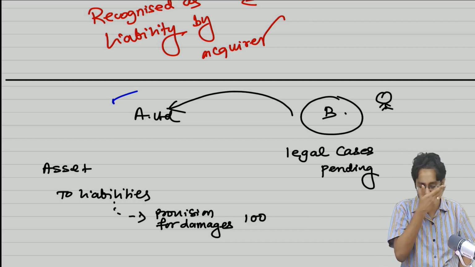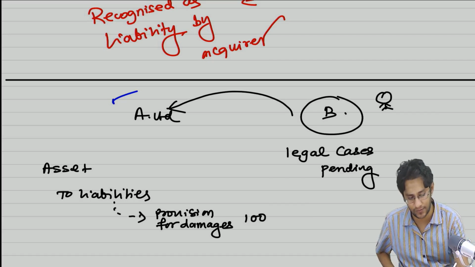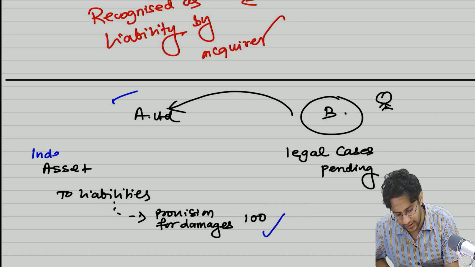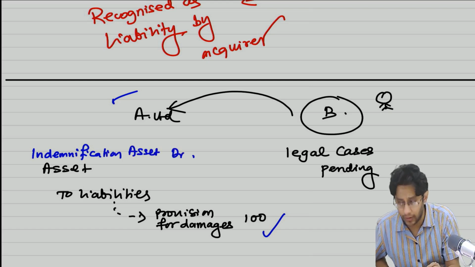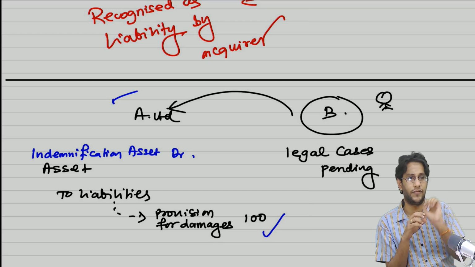Whatever the standard says is, is that liability recognized in your books at the time of acquisition? Yes, sir, we are recognizing. Therefore, you also get a right to recognize an indemnification asset at fair value only.